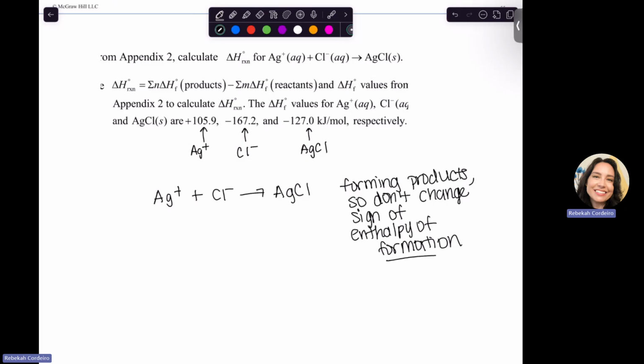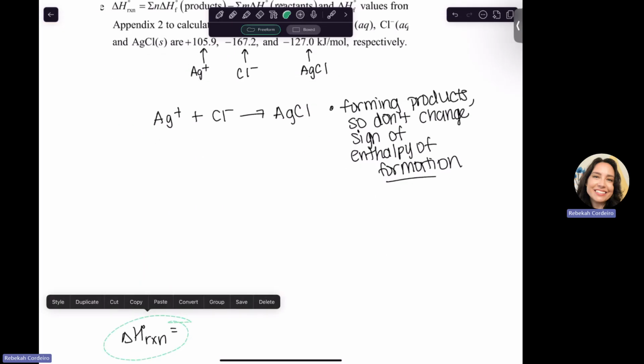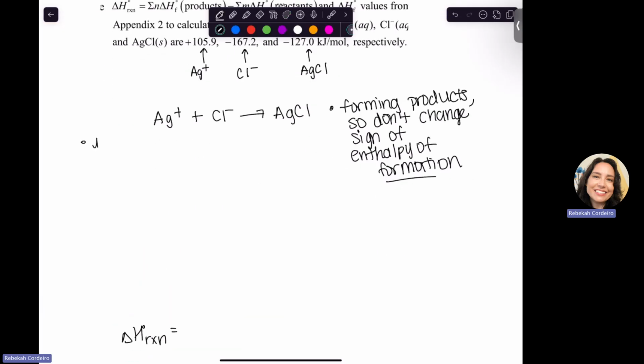So in our math, the enthalpy of the reaction is going to be, you can start with reactants, you can start with products. Let me just explain the reactants, and then you can think about how you want to do it. For reactants, you are unforming reactants.